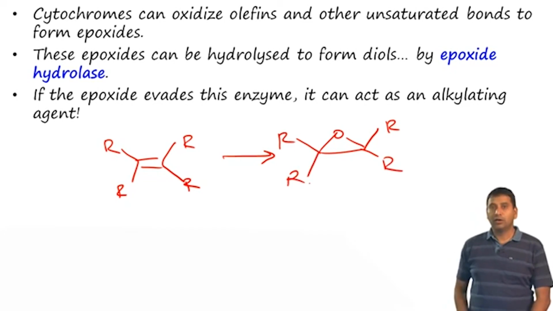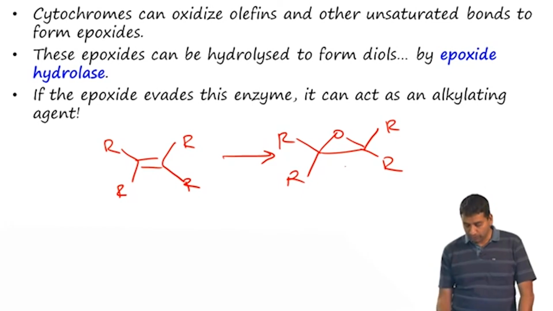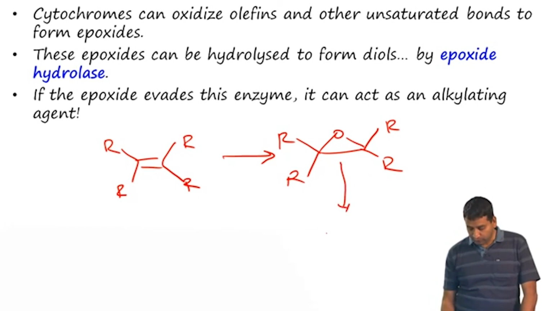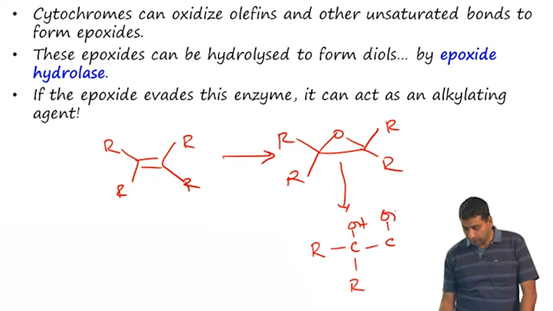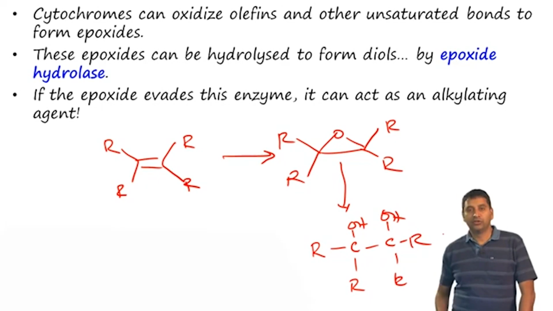Okay. Now, there is an enzyme called epoxide hydrolase, which opens up this epoxide and forms R C OH C OH R.